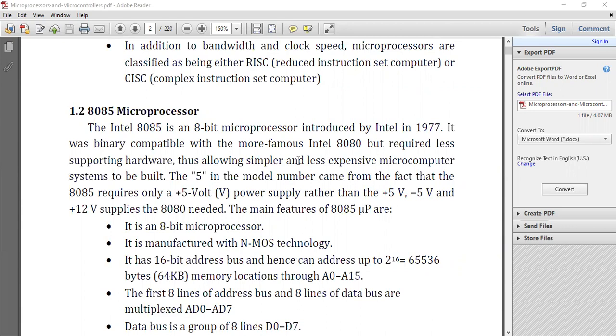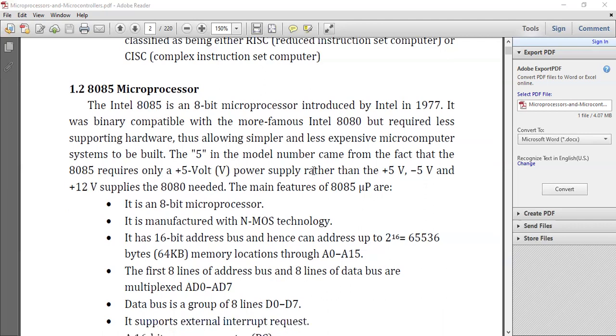Prior to this, the 8086 was also introduced by Intel, in 1978. In the next module we'll learn about the 8086. And the 8085 requires only a 5 volt power supply.